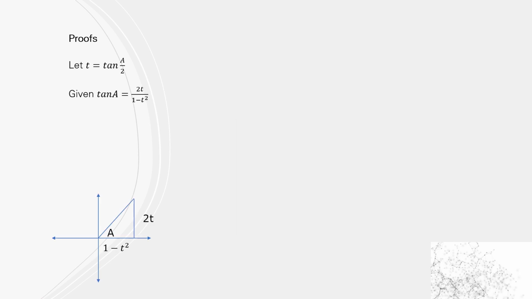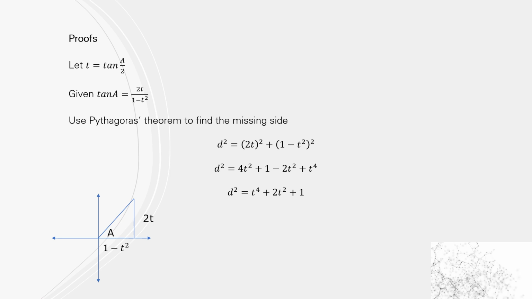So let's use that in our triangle and use Pythagoras. So 2T is on the opposite and 1 minus T squared is on the adjacent. If we use Pythagoras, the distance squared of the hypotenuse is 2T squared plus 1 minus T squared all squared.